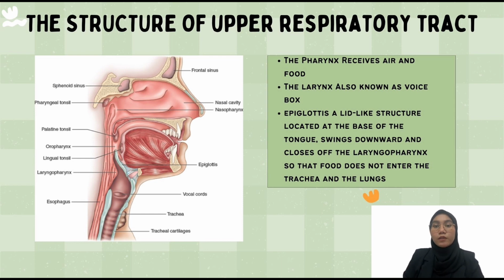This is the reason why, while you're having food, sometimes you suddenly cough, because the food accidentally entered the other pipe. The pharynx has a cartilaginous flap-like structure called the epiglottis. This epiglottis closes the windpipe when we swallow food. It prevents the entry of food into the windpipe.